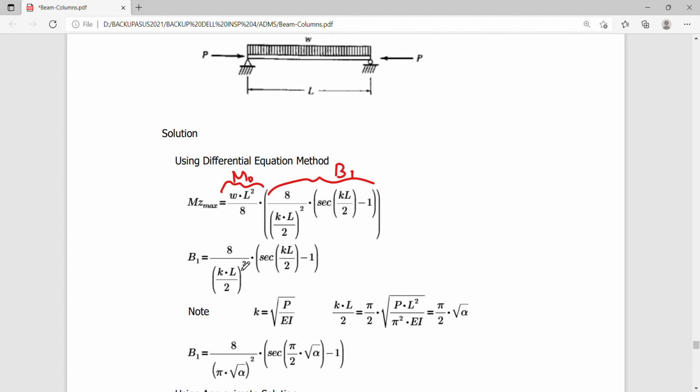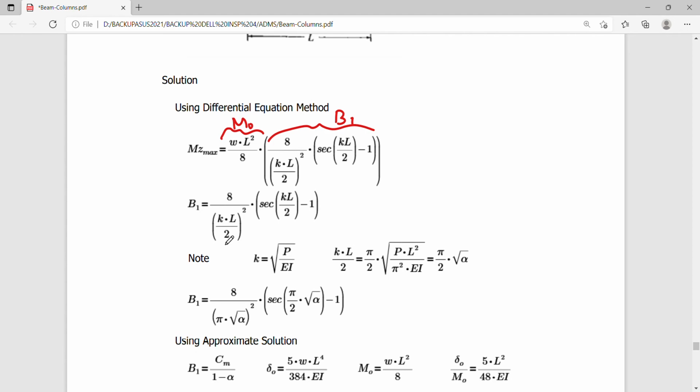And of course, instead of having a KL over 2, where K is defined on the derivation as the coefficient of your differential equation variable y, equivalent to square root of P over EI, we simply target, okay, the KL over 2 here.